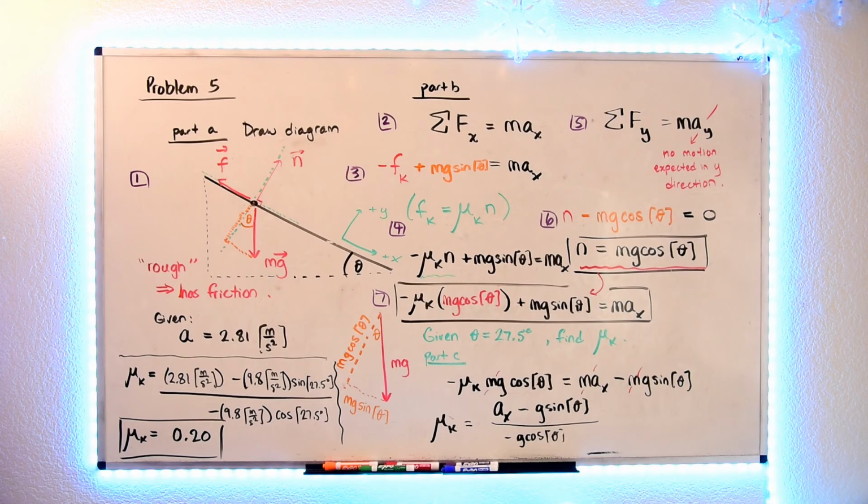Where are these problems coming from? These problems are from the practice, or not the practice, the exam number 2 for the physics 100-day class for, I think it was row.